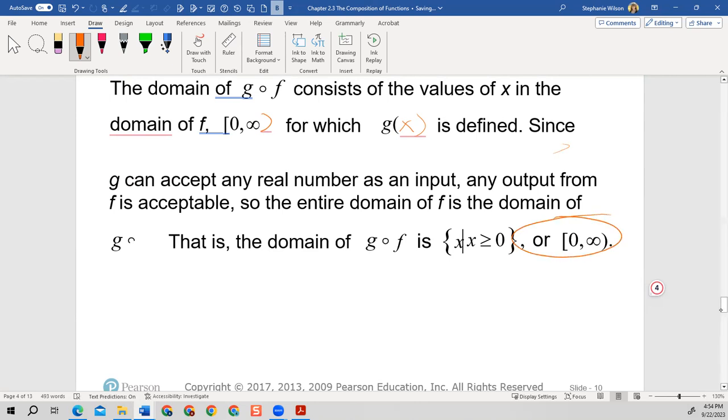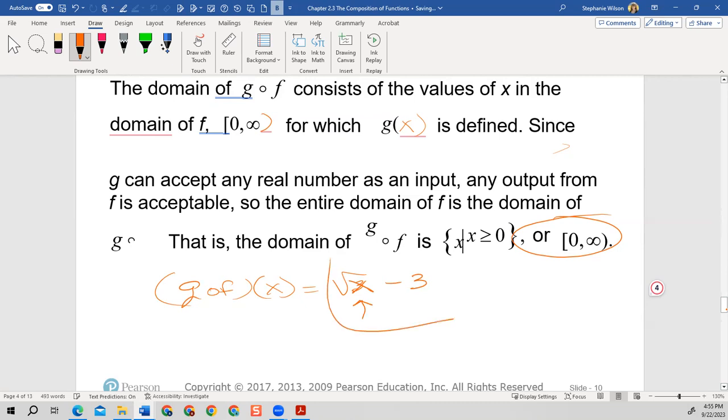Remember, we look at what we're plugging in as well as what our end answer is. So if we have the g of f of x, we're plugging in that square root, right? Oops, that's not 3, it's 3 here. We plug that in. So we have a restriction on the f that we plugged in, and then our outcome gave us a restriction as well, and it ended up being the same restriction. So that's my domain.